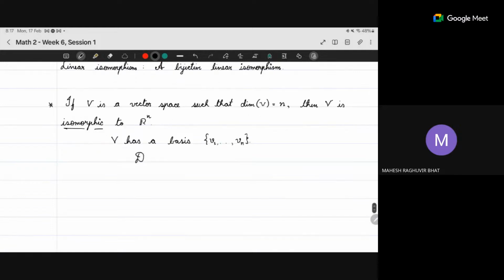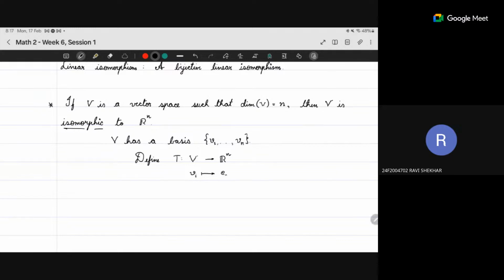Now I define a map T from V to Rn such that Vi goes to what would be the natural candidate for this? Any guesses? Yes, Ei. This is Vi, so Ei.